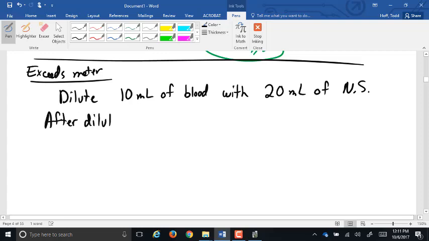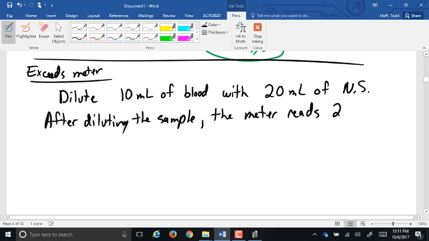After diluting the sample, the meter reads 284 milligrams per milliliter. Find the true level.